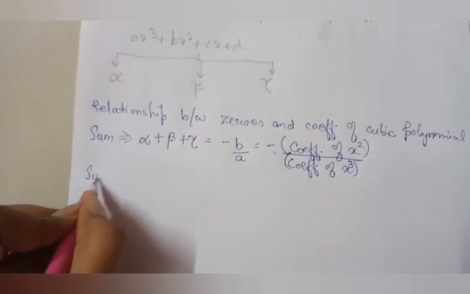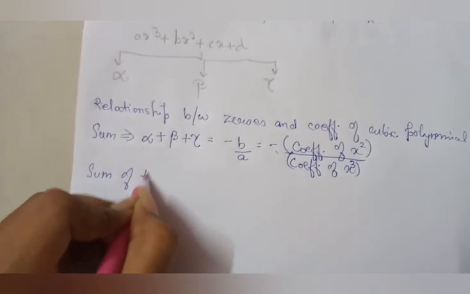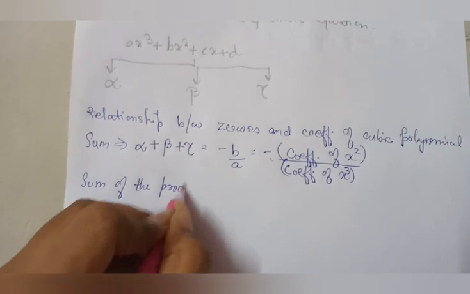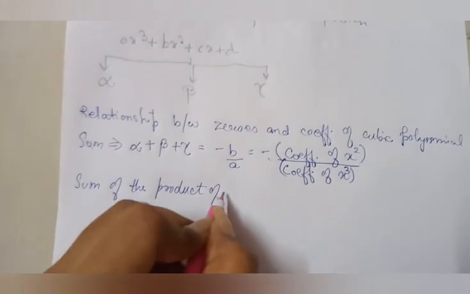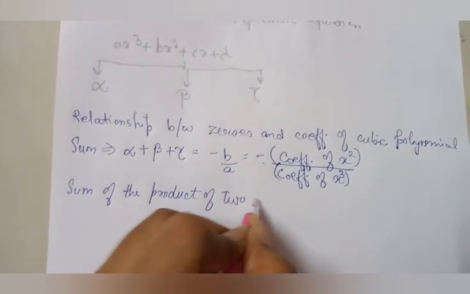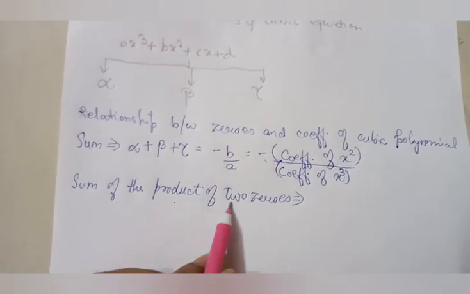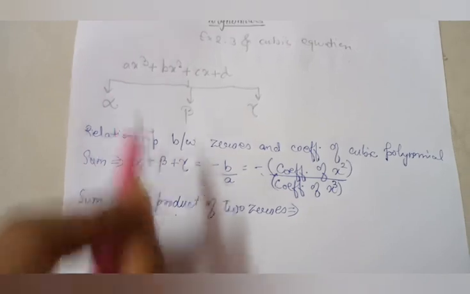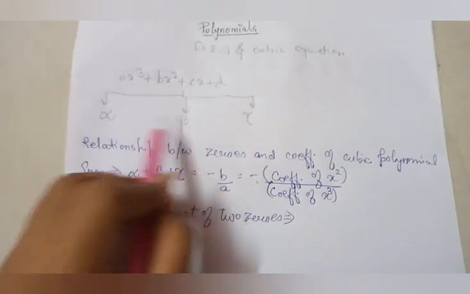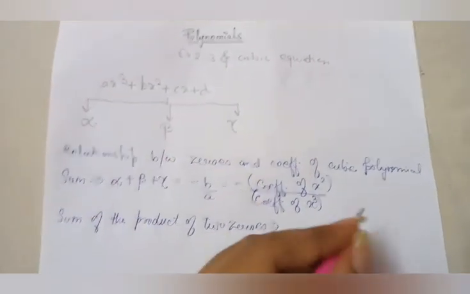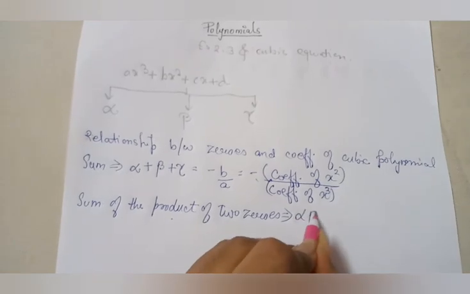Now the sum of the product of two zeros. What does this mean? Let's see. Product of two zeros means we can choose any two zeros. First we'll choose this and this, so it becomes alpha beta.